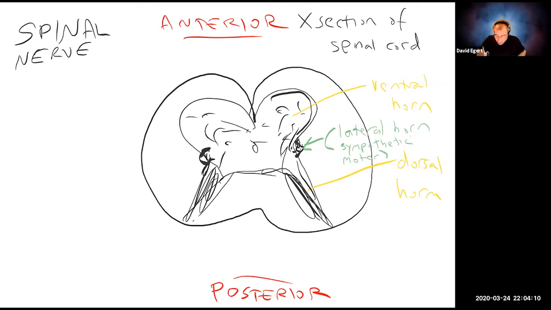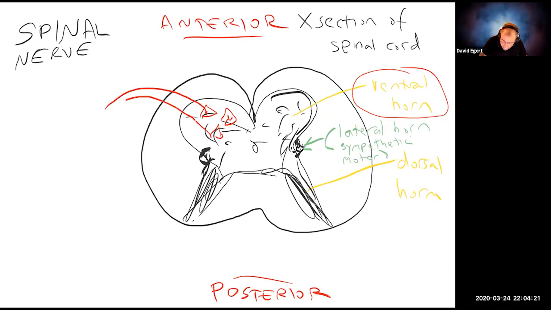All right, so we talked about how the ventral horn is going to be motor. So we have these motor neurons here. They're going to be sending their axons out to the body. So this is all efferent, sending signals out.